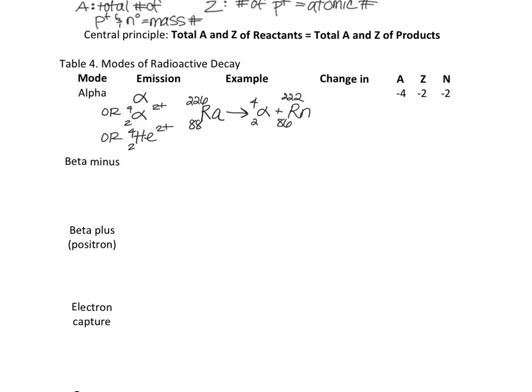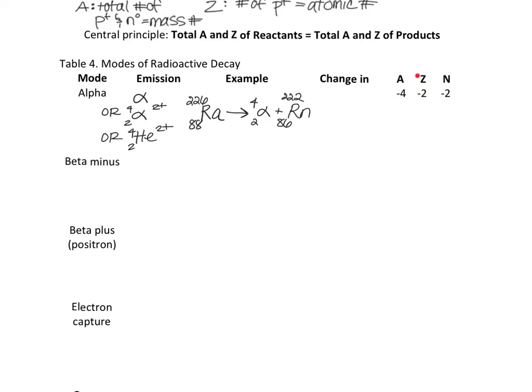Let's talk about what has been changed in this process. For the daughter nuclide, this is my parent and this is my daughter, A has decreased by 4. Notice it started at 226 and went down to 222, so A decreased by 4.